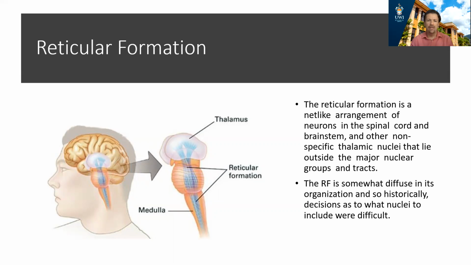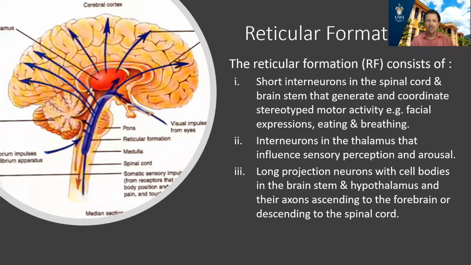What we do know, particularly about the reticular formation, is it has many, many functions, key to which is arousal and regulation of sleep. So based on our knowledge today, we can say that the reticular formation is composed of three different types of neurons.